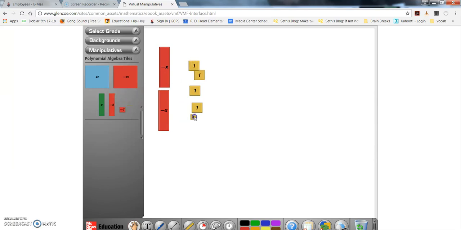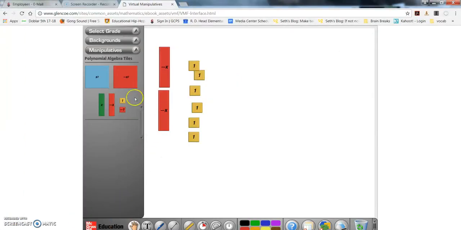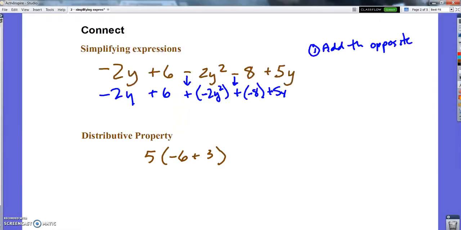This step's really optional, the drawing. If you get to where you can do these without the drawing, it's fine. I like to do it, just to remind you how it works though. Negative 2y squared minus 8. So this was, remember, the x's and x squareds were different. 8, was it negative 8 or 8? Can't remember.